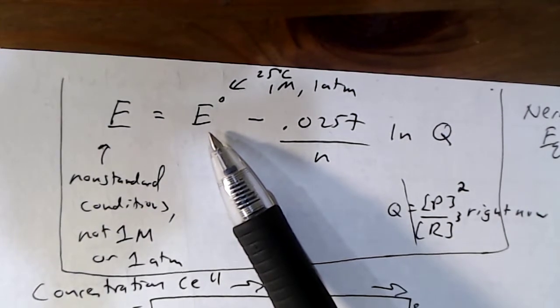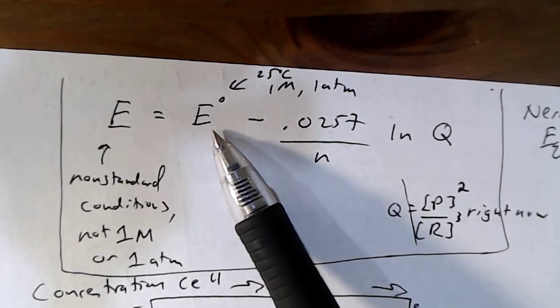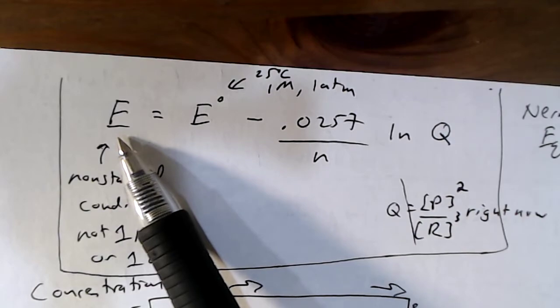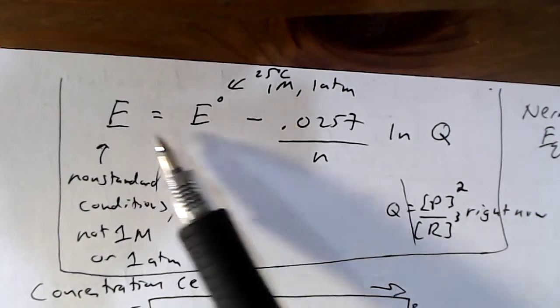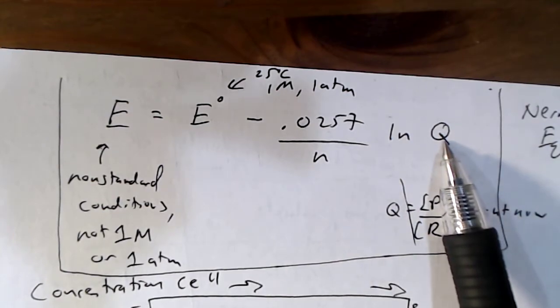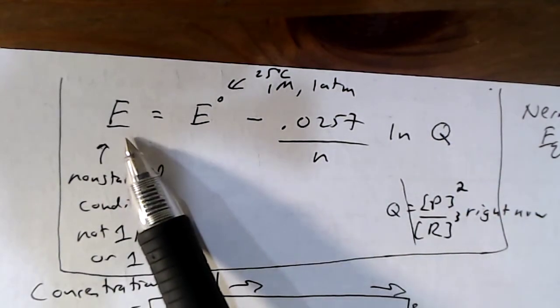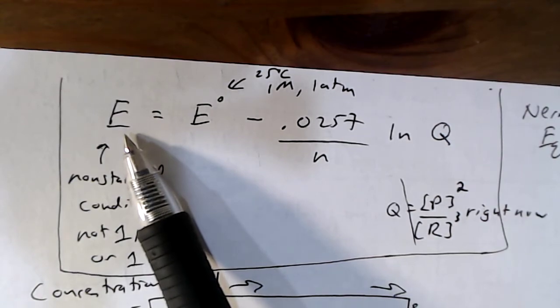The battery will drain. So eventually, the voltage of the cell will fall to 0. And that is because the ratio of products to reactants will change. As you get more products and you start using up the reactants, the voltage of the cell is going to drop until it eventually is not high enough to power the cell.